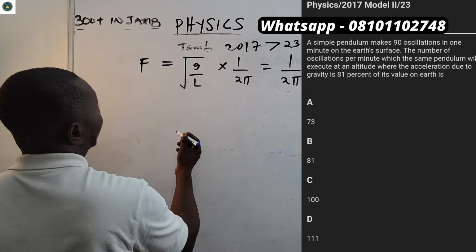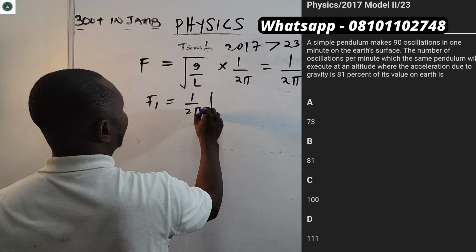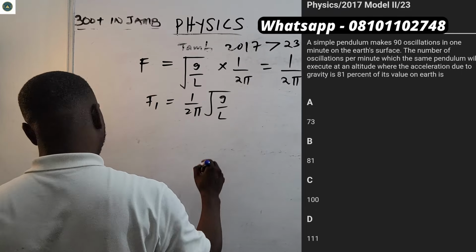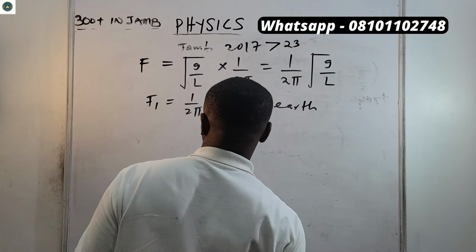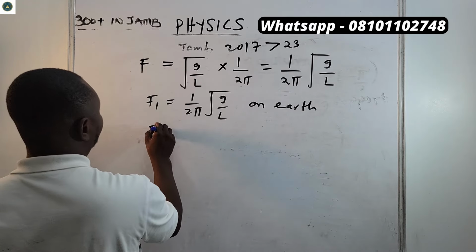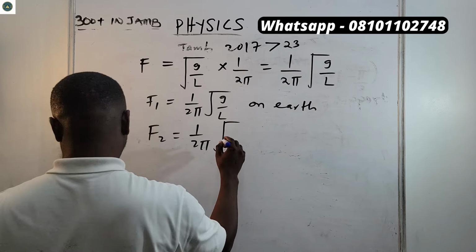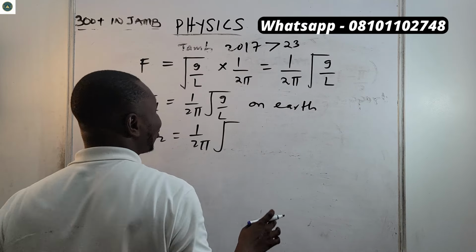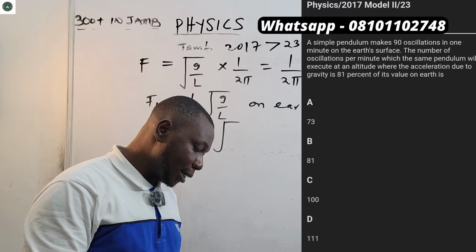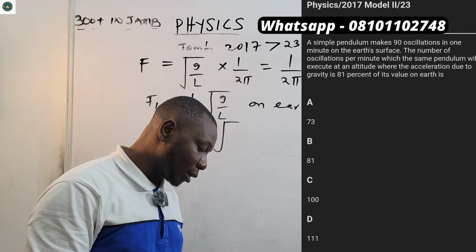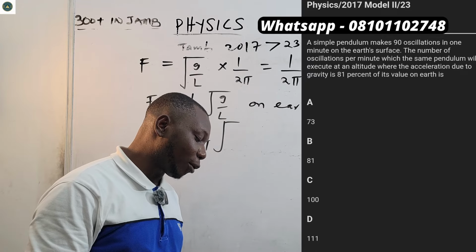So that means we can say F1 equals 1 over 2 pi root G over L on Earth. Then F2 will be 1 over 2 pi root.